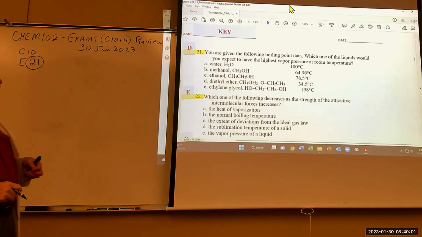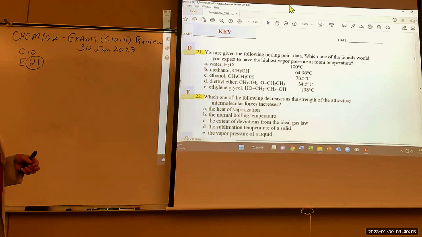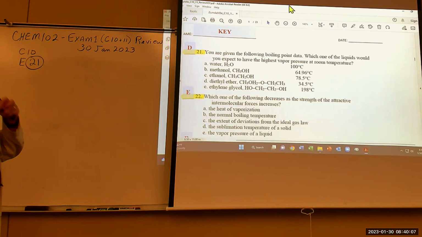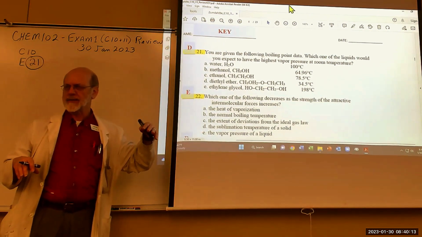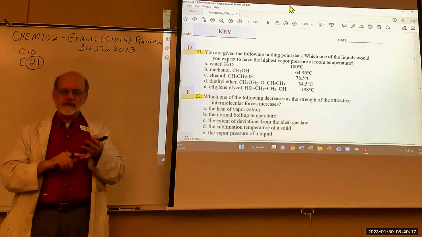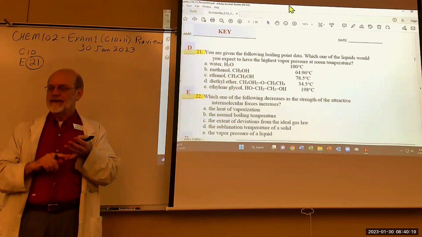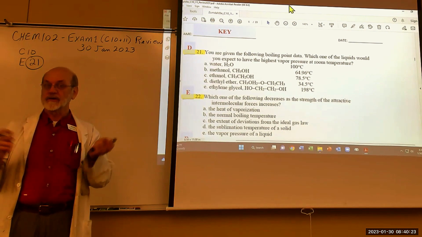You're given the following boiling point data. Which one of the liquids would you expect to have the highest vapor pressure at room temperature? This is that relationship that we went through on one of the latter slides in this chapter. So as intermolecular forces increase, everything else increases except for vapor pressure. It's the other way around.